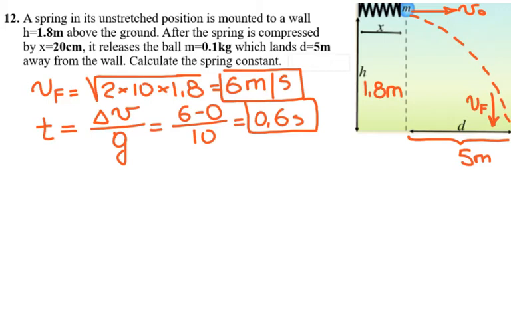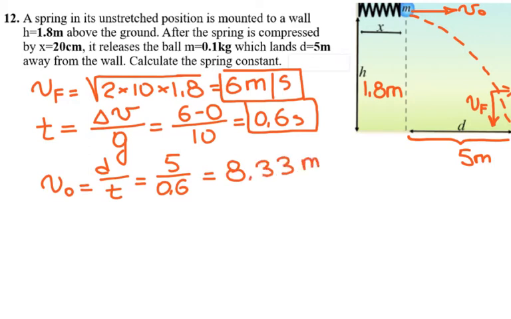Because it landed 5 meters away, I can find initial horizontal velocity, and that velocity doesn't change. So horizontal velocity stays the same. Initial horizontal velocity is the distance traveled over the time, so that is 5 meters over 0.6 seconds, and I get 8.33 meters per second.